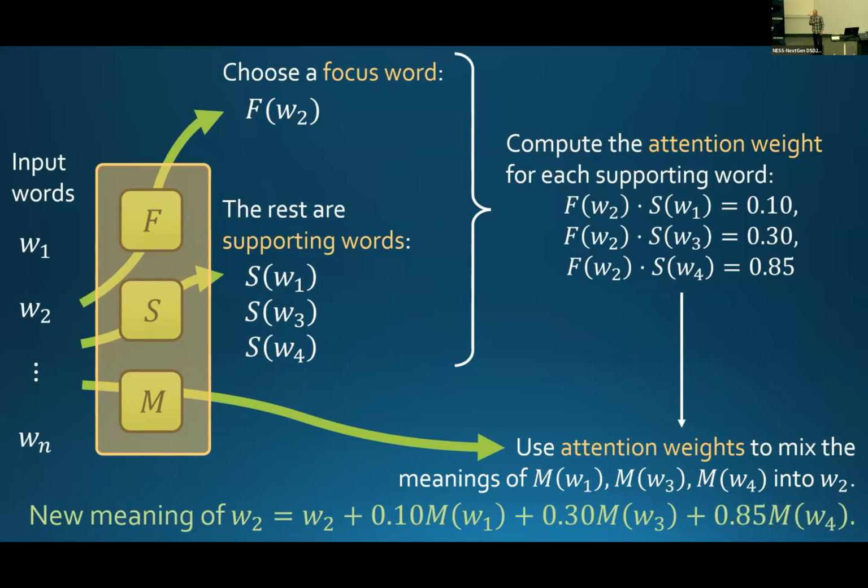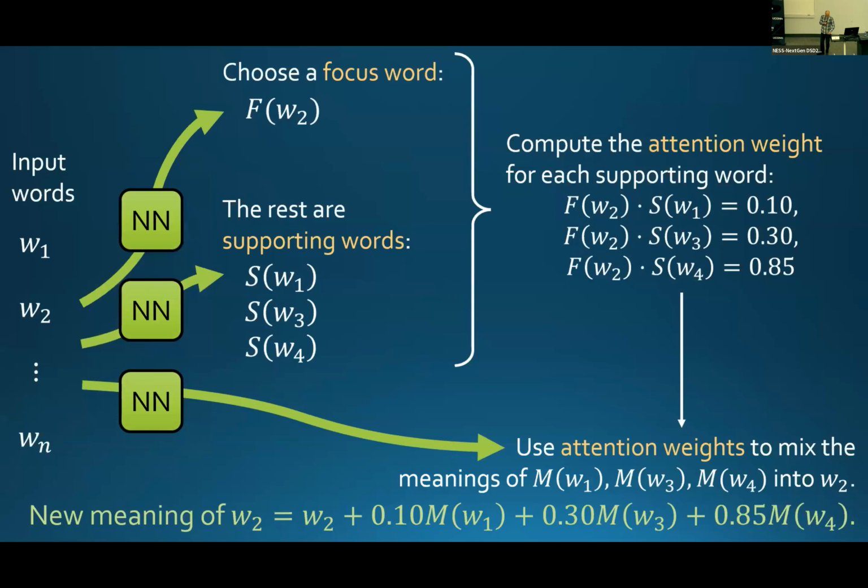Nobody builds those functions. All you do is put a neural network in each place and expect the neural network to figure out how to build that function itself. This is part of the amazing flexibility of neural networks, is that wherever you put them, they figure out what they're supposed to do. So the invention here of this flowchart is not really so much devising clever ways to model language.